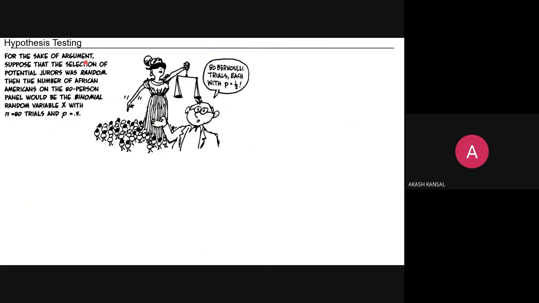For the sake of argument, let's say that the selection of potential jurors was random. Since we are going to pick 80 jurors, it would be a binomial random variable with 80 trials and p equal to 0.5, because they are equally distributed within the population.